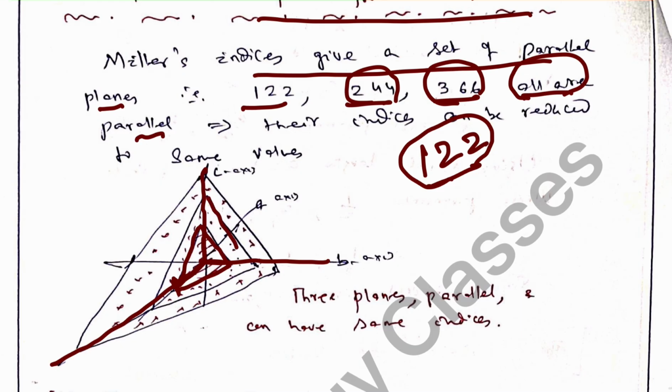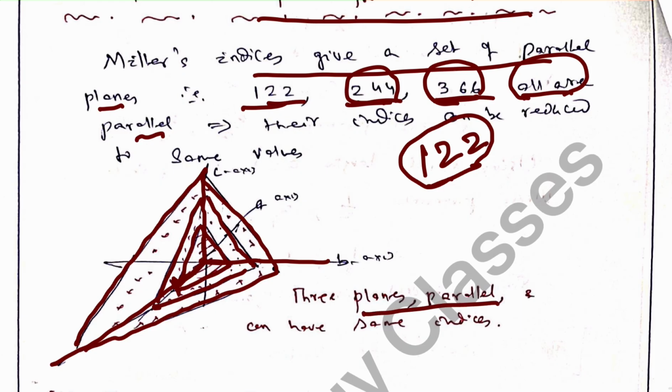The second has 2 units, 4 units, 4 units. The third plane is (3 6 6). So these three planes are parallel and can have the same indices, that is (1 2 2).